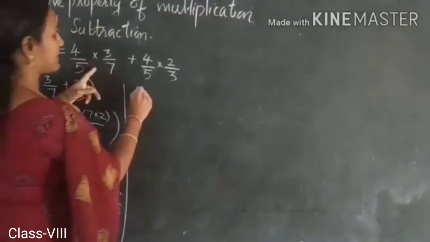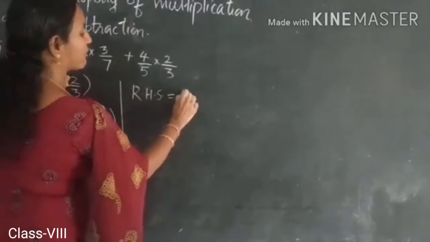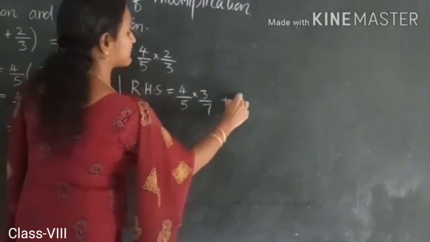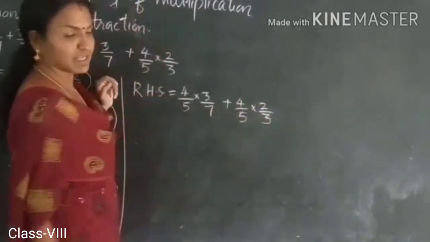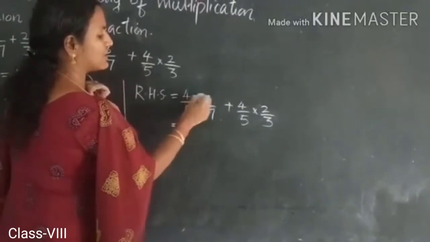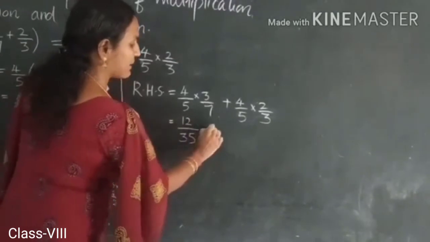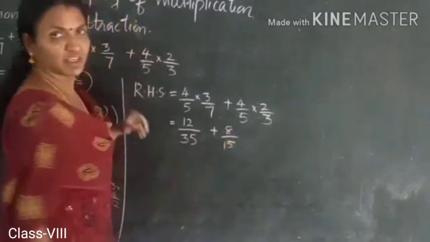Then the RHS part is equal to 4 by 5 into 3 by 7 plus 4 by 5 into 2 by 3 is equal to, no cancellation, so 4 into 3 is 12 by 35 plus 4 into 2 is 8 by 15.